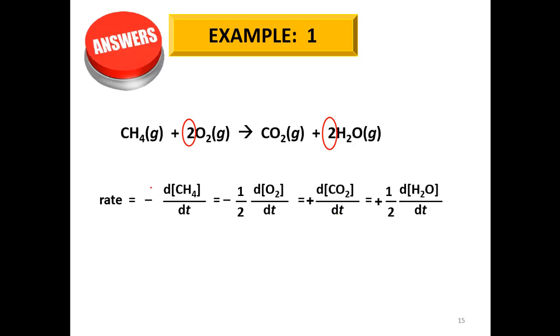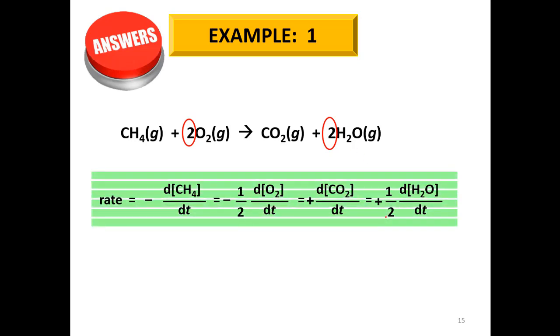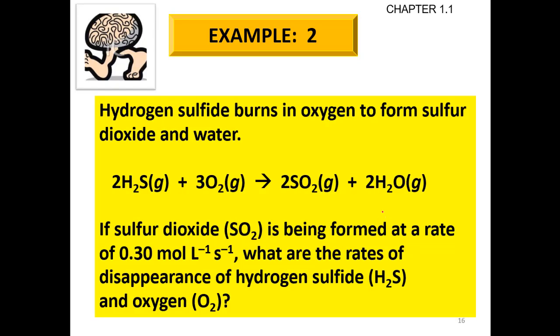Kalau reactant kena ingat ada negative sign. Macam oksigen ada 2 mole, dia akan jadi 1/2. Produk kena ada positive sign, and then change in concentration of the product over time. Macam water ada 2 mole, so 1/2. Kenapa you perlu tahu differential rate equation ni, nanti kita akan pakai untuk pengiraan.